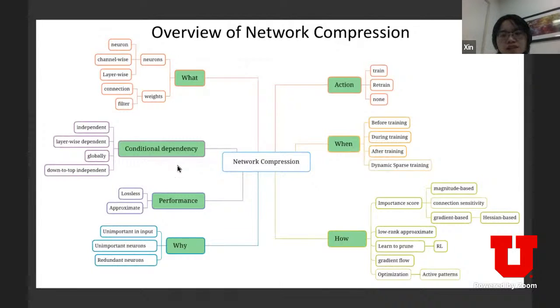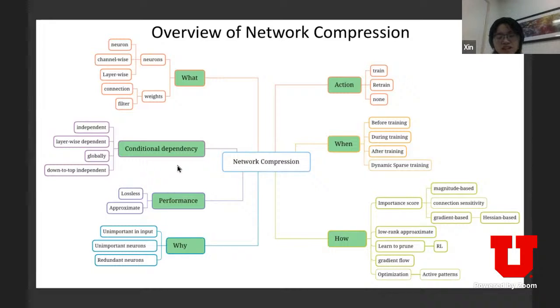Also last semester, I tried to summarize network compression in these ways. What's the target in network compression? It can be the neurons, or it can be the weights. The neurons can be the output of one layer, and the weights include the filter or the connections, such as in a fully connected layer.